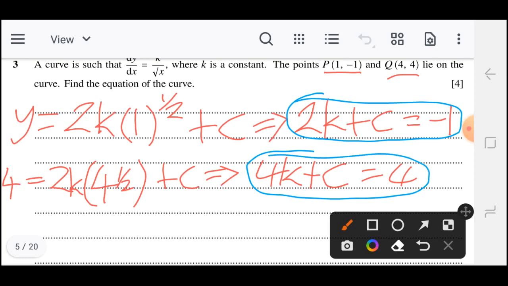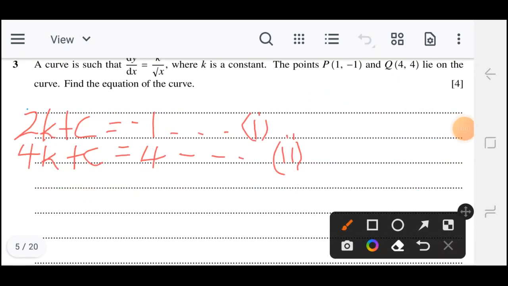So the next step is to solve these two equations simultaneously. That's why I've named the first equation 1 and the second one 2. Since we have c here and c there, what we can do is to subtract the first equation from the second one. So we can say 4k minus 2k, and we get 2k.